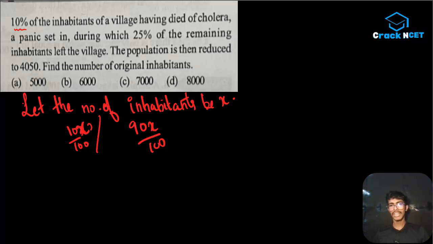And during which 25% of this 90% left the village, which means 90x by 100 into 25%.